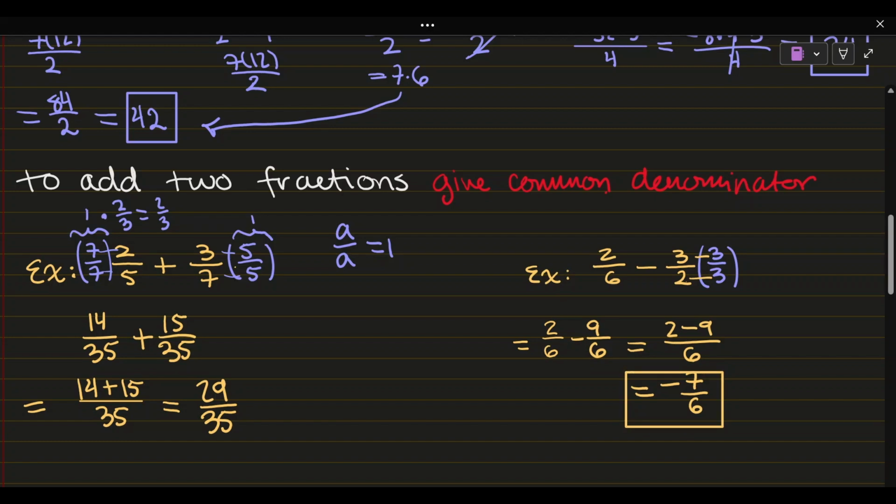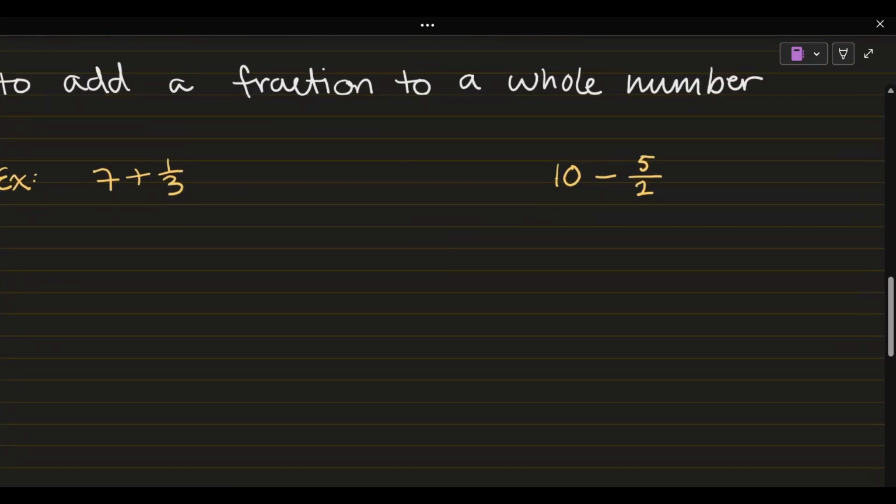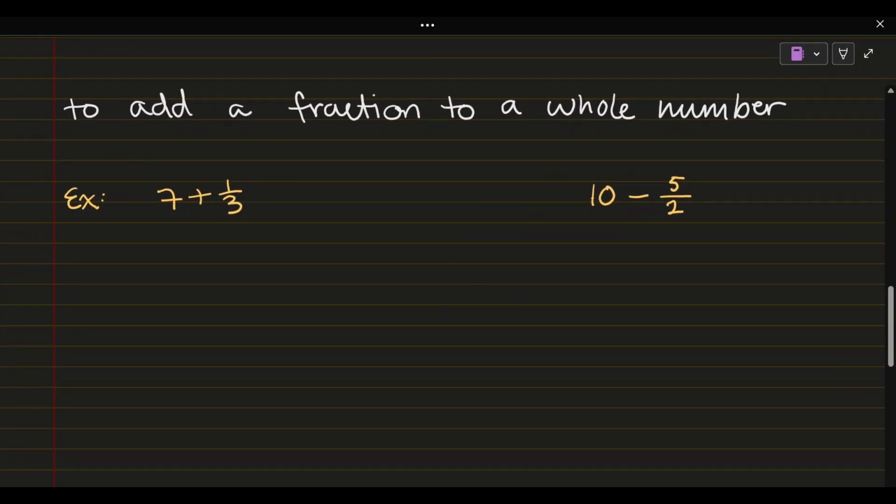Okay. Now to add a fraction to a whole number, looking at this first example, we can think about 7 as being 7 over 1, right? It's the same as 7 over 1, because if you divide anything by 1, it's just the same. So this reduces to adding the fraction 7 over 1 to 1 over 3.